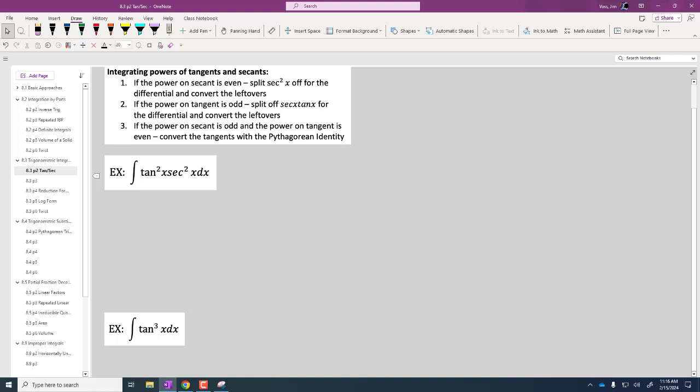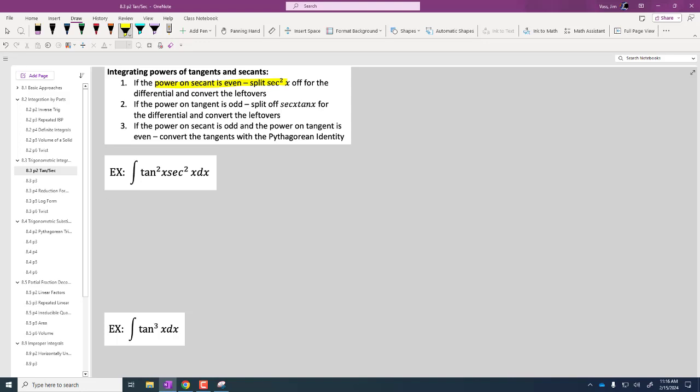Okay, secants and tangents are more complex, obviously. There are two main strategies. If the power on secant is even, we're going to pull off secant squared. If we pulled off secant squared, what would we want to let u equal?